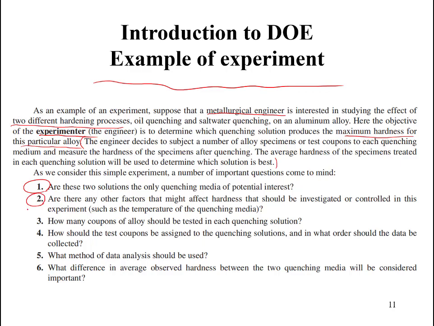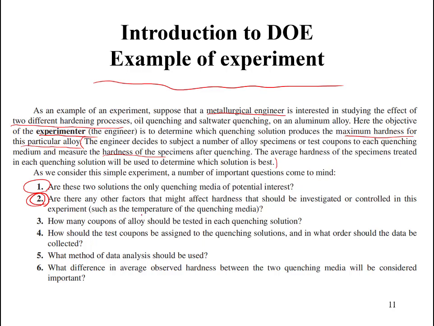We need to design our experiment, we need to decide what the effective factors are and our results. Our outcome will be the hardness of our specimen. These factors should be decided before running any experiments.